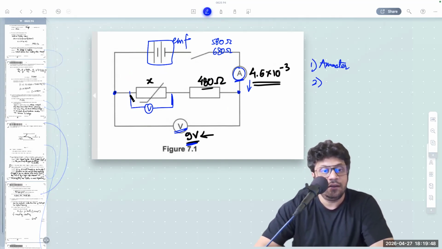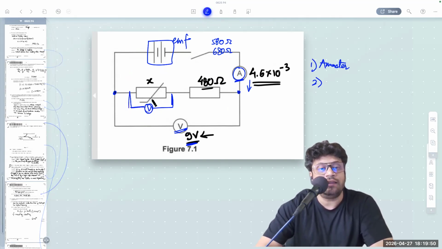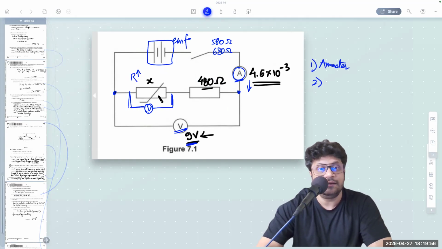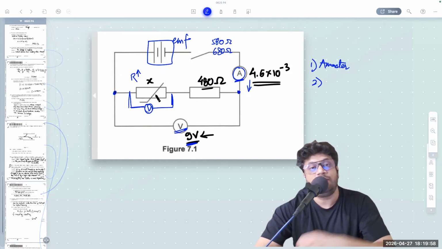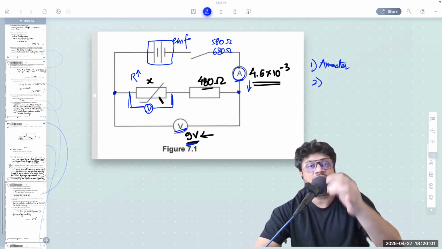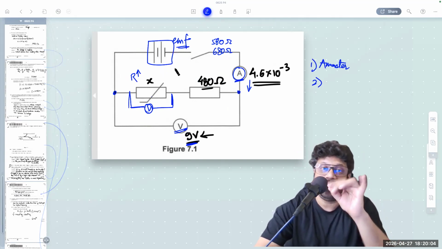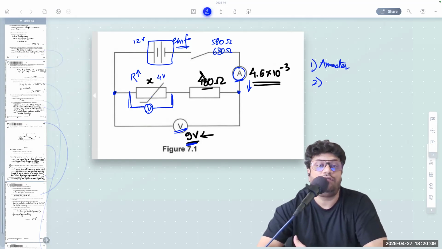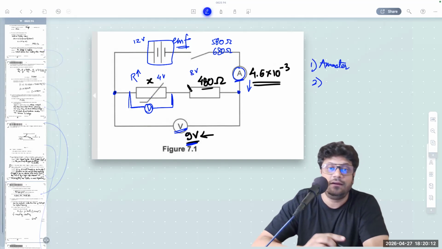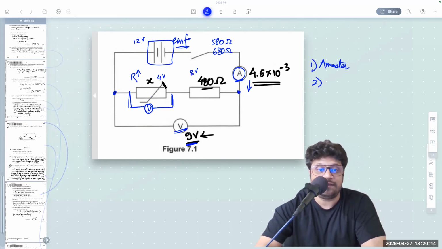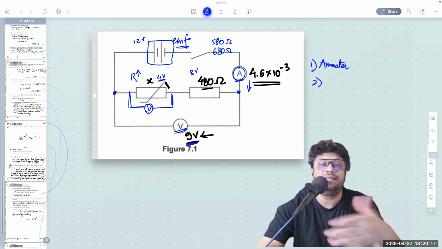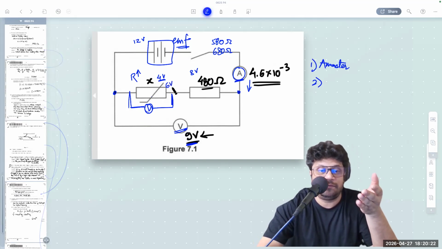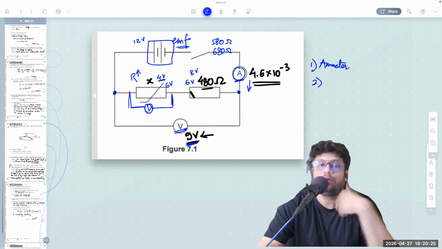The point is, if this voltmeter is only on this thermistor and the resistance of it has increased, this thermistor will now ask for a larger share of the total voltage supplied. If this was a 12, earlier it may have been asking for a 4 and this one may have been getting an 8. But with an increase in resistance, this share of the voltage will increase, and it maybe comes out to be a 6, and this one will now get a 6 only.